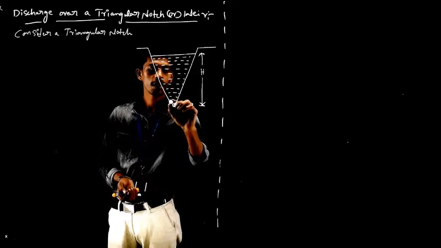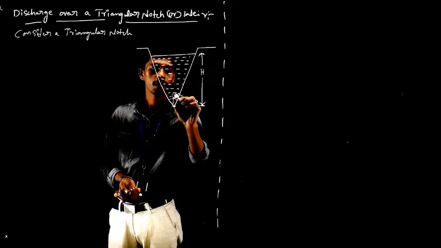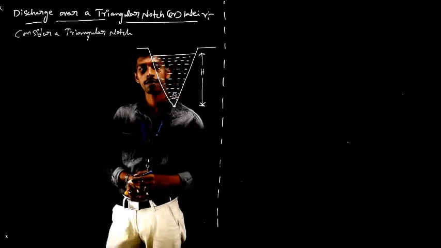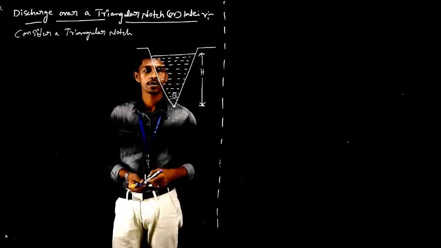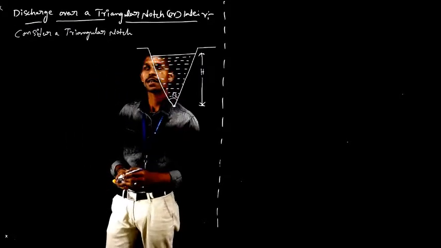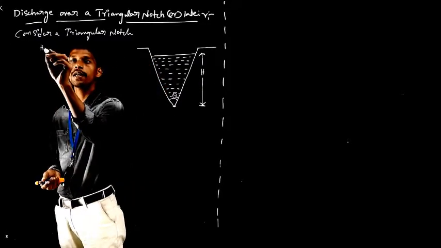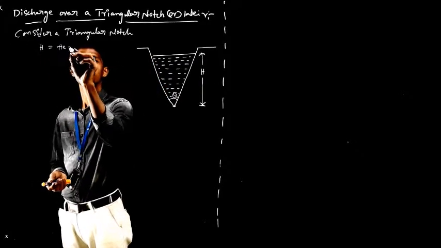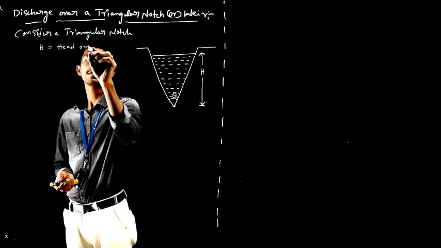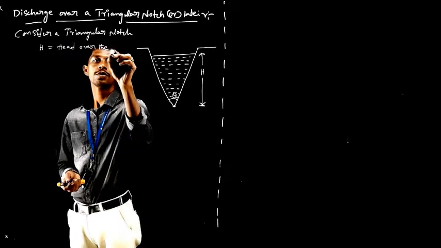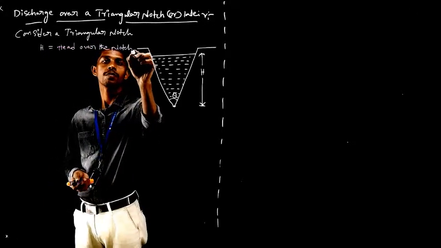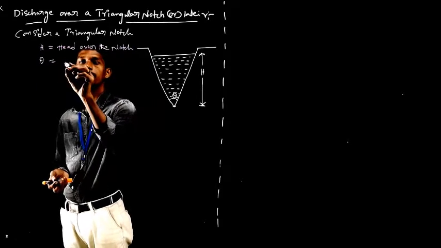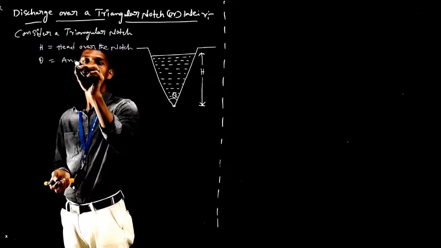Before that, remember one thing here, theta will be there. That theta is equal to the angle of notch. See here, this is the theta. So here capital H will be the head over the notch and theta will be the angle of notch.